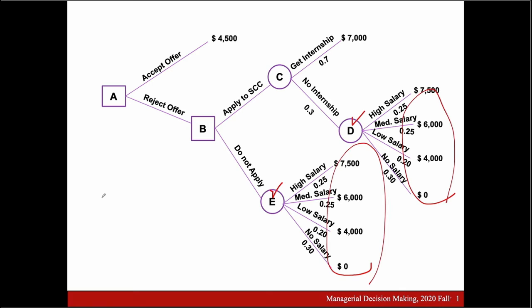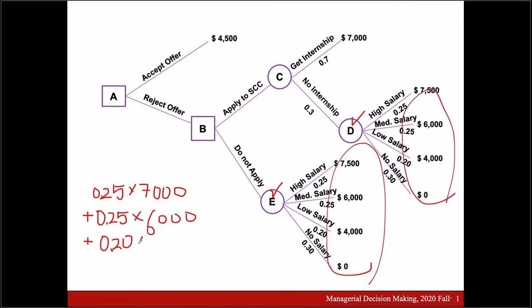You can compute it like this: 25% times 7,000, plus medium salary, again 25% times their value 6,000, plus low salary 20% times 4,000.